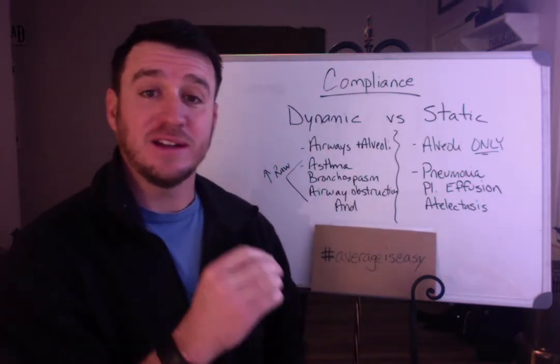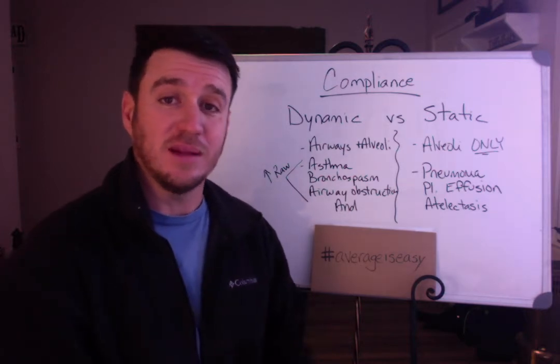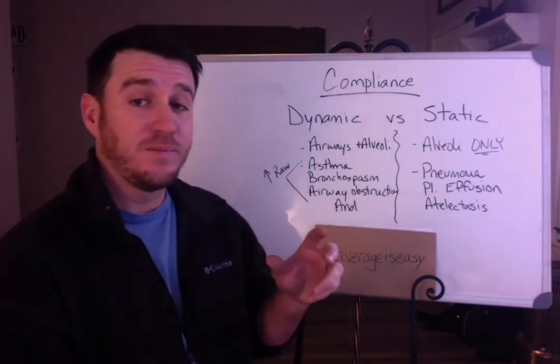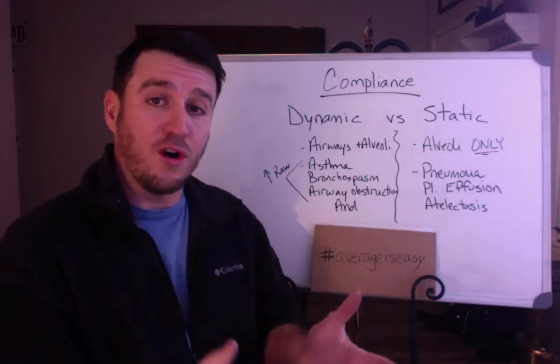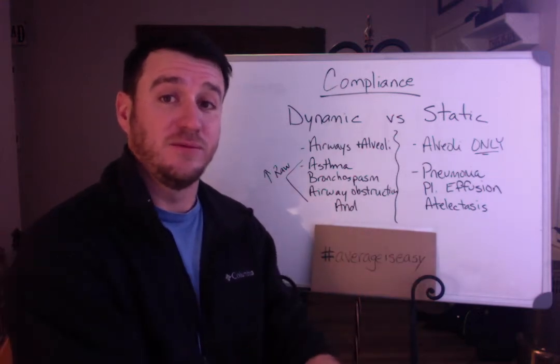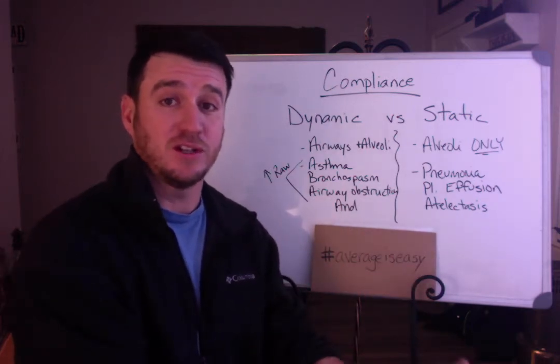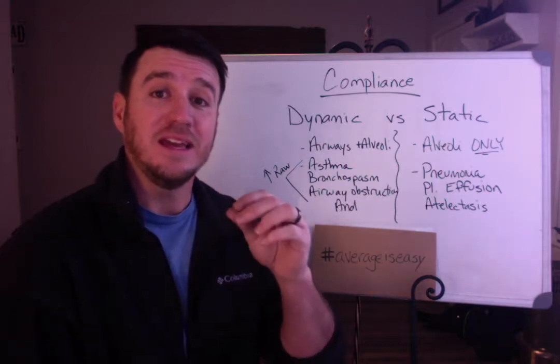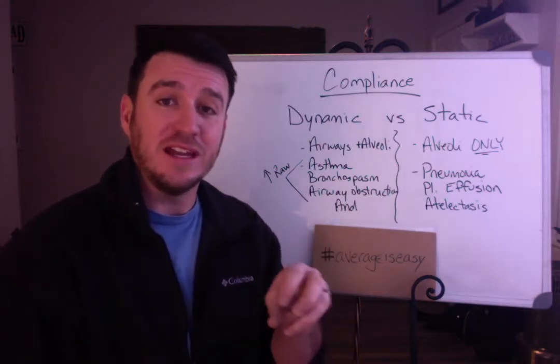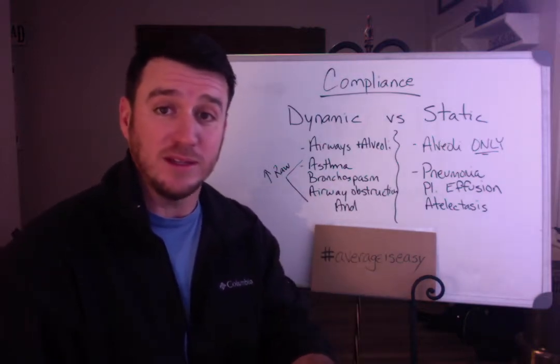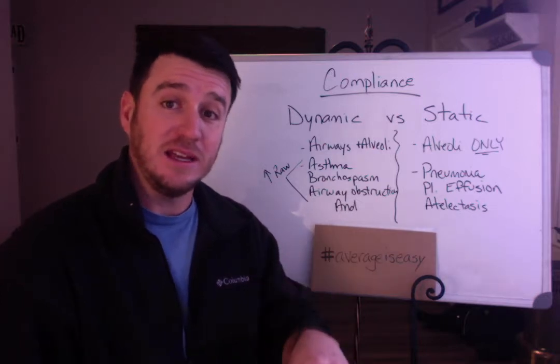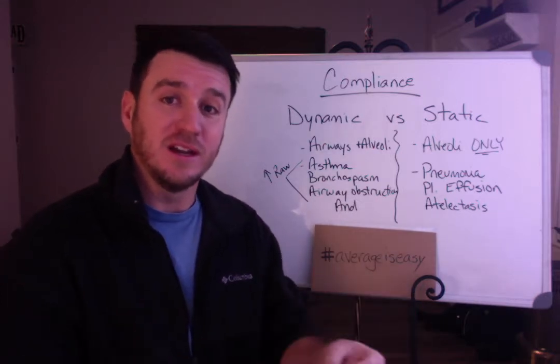And when you talk about dynamic compliance, you have to understand that you're talking about the total overall change in pressure for that given tidal volume, including the pressure that it takes to get through the airways. So air moves in, goes out to the lung parenchyma, and comes out.